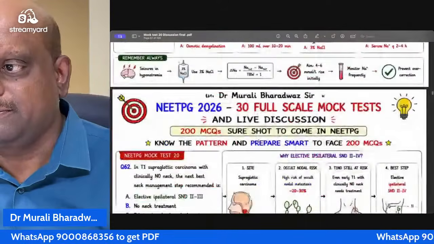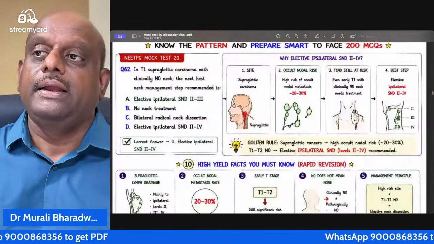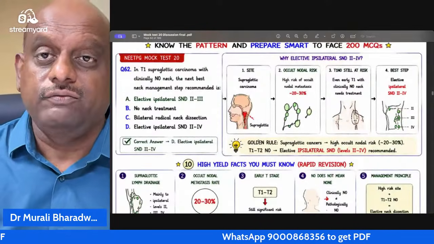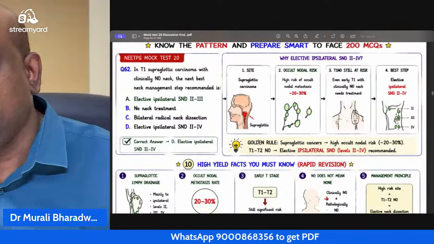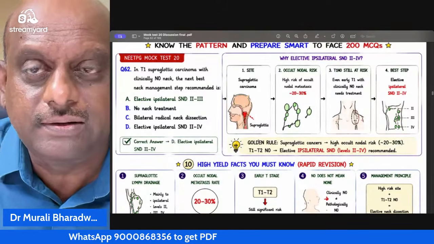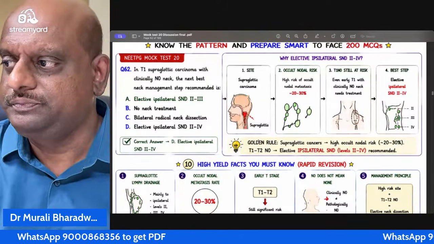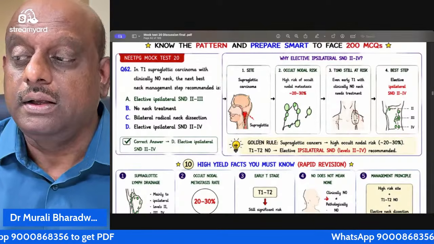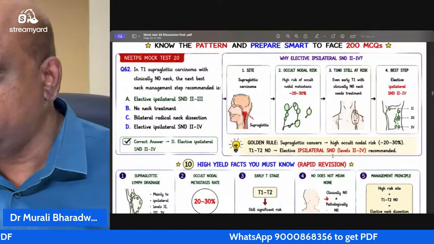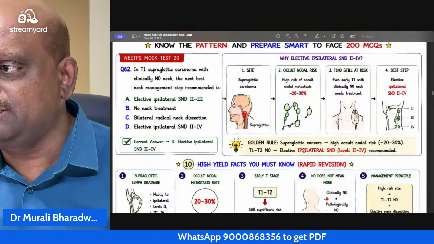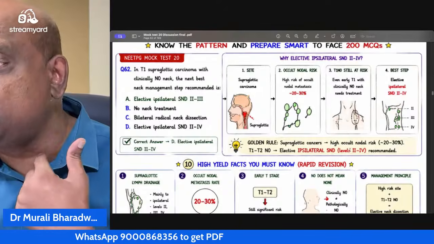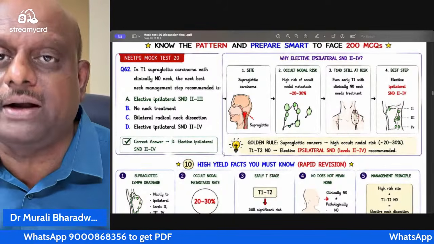All right, doc. Now, whenever there's a subglottic carcinoma with clinically no neck nodes, the next best management is you need to do ipsilateral neck dissection, and level 2 to 4 need to be remembered.